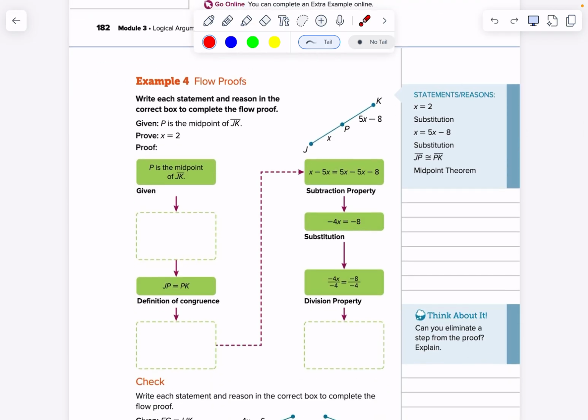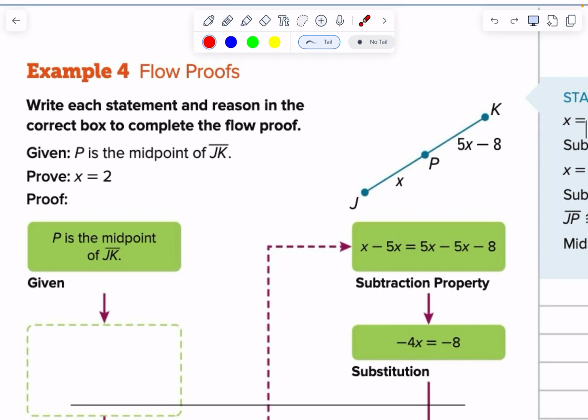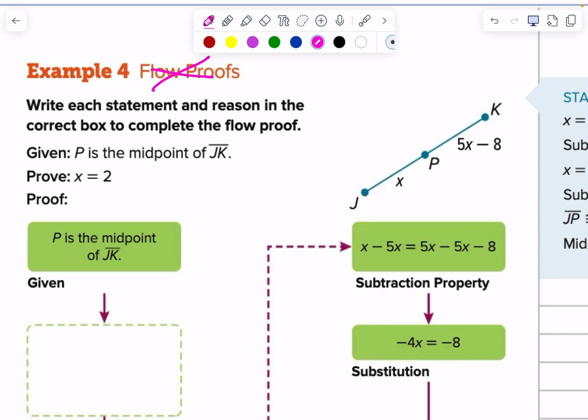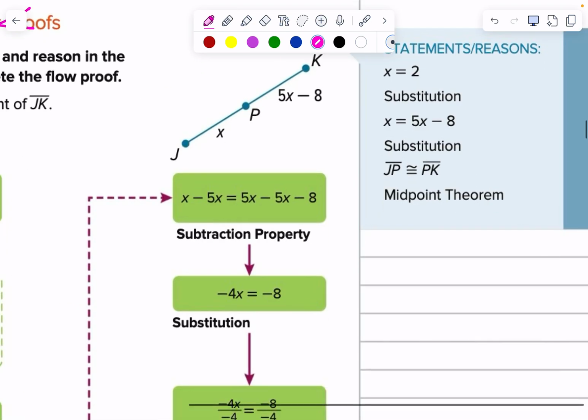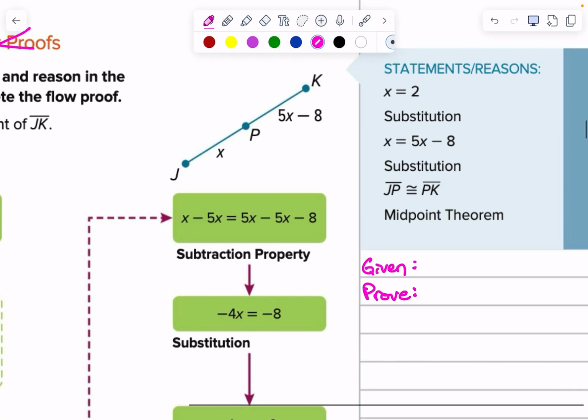Okay, so example 4 starts us off. That gives us all of our stuff that we need, and they ask us to do a flow proof. And I told you yesterday that like 99% of the time I will nix that instruction and say, let's do a 2-column proof instead. So that's what we're going to do. Okay. So I'm going to write over here. Here is my given. Here is my prove. And here is the diagram that goes with it. Okay.